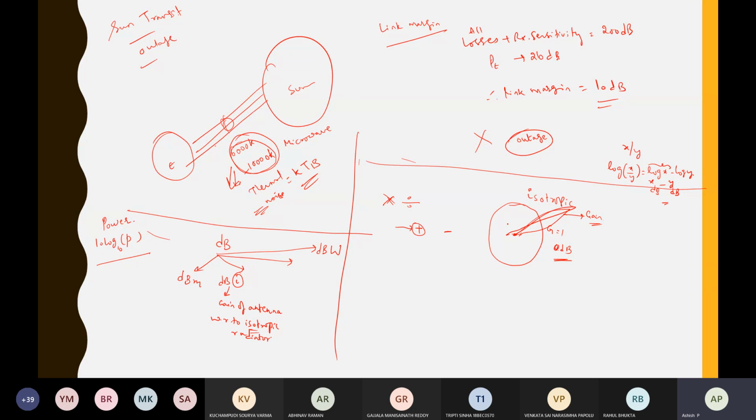So actually, why do we need to convert like this? What is the point in converting to dB scale and then back to normal scale? In dB scale, the numbers are within an understandable or controllable range.